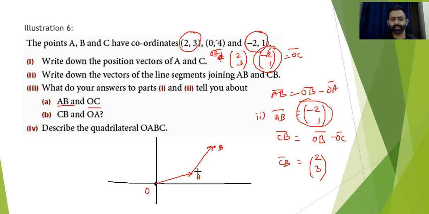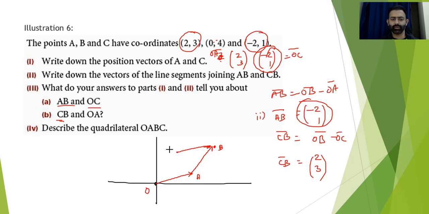Now, as OA is equal to CB, and this is B, this point must be C. The fourth point, C, must lie somewhere here to make OA and CB equal, meaning the opposite sides of this quadrilateral are equal. I just want a rough idea, like this.